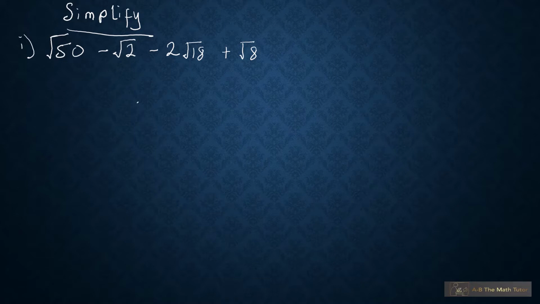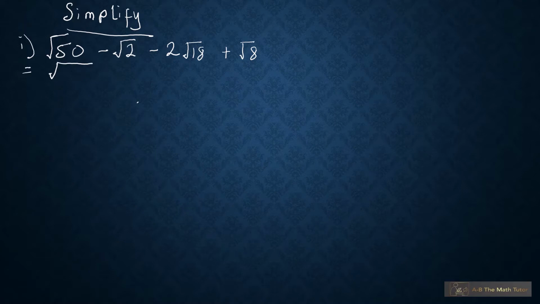The first thing you want to do is to simplify each term. When you look at the first term, which is root 50, we are going to write this as the product of a perfect square.